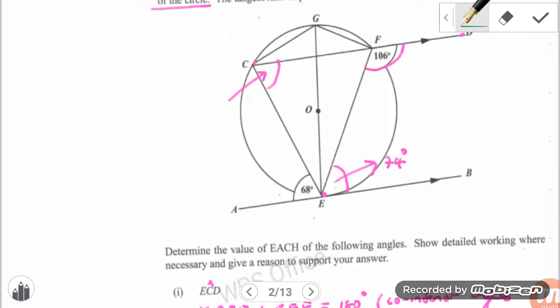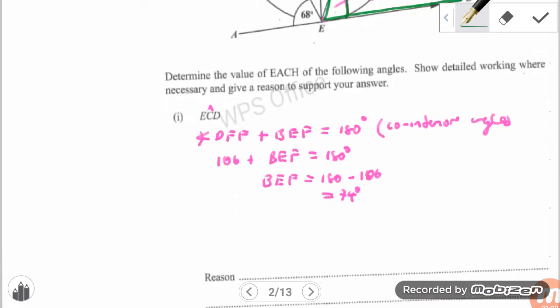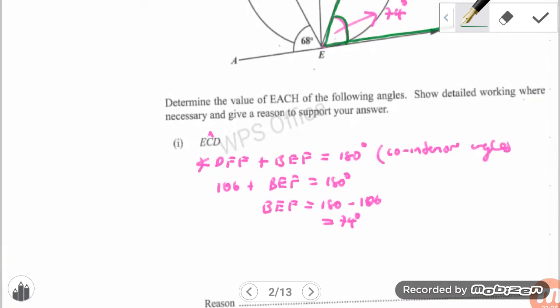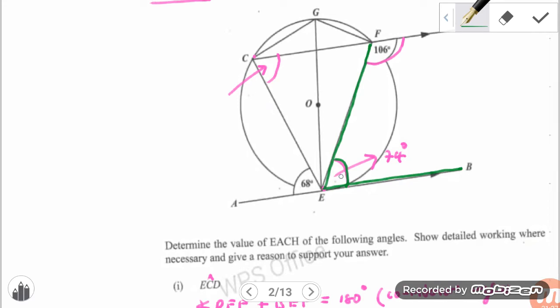So we're saying here that the angle created between the chord EF and the tangent EB, that angle is the angle we just found using this theorem here.